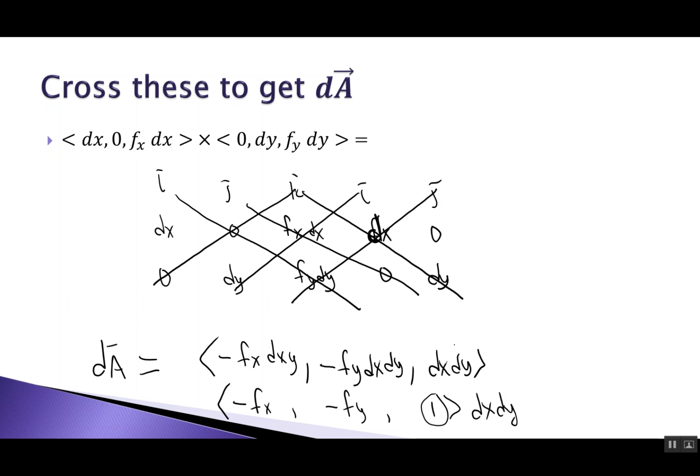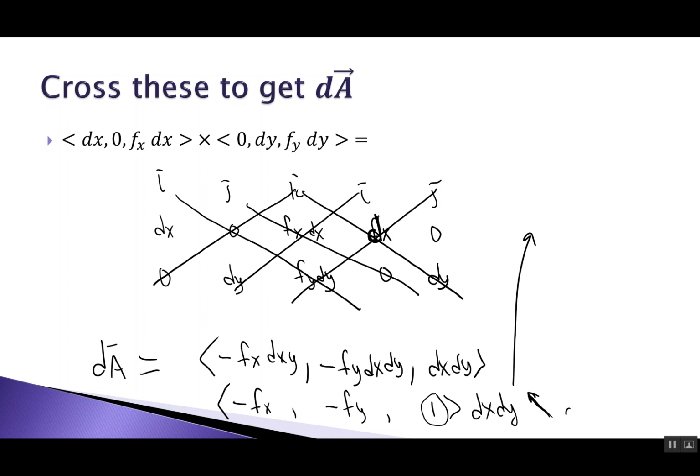Notice the z component, the k component of this, is a positive 1. So this might be slanted off to the side, but it's pointing upward. Maybe not straight up, but upward. Okay, perpendicular to the surface and upward. Sometimes we're going to have a vector that we want to point downward.